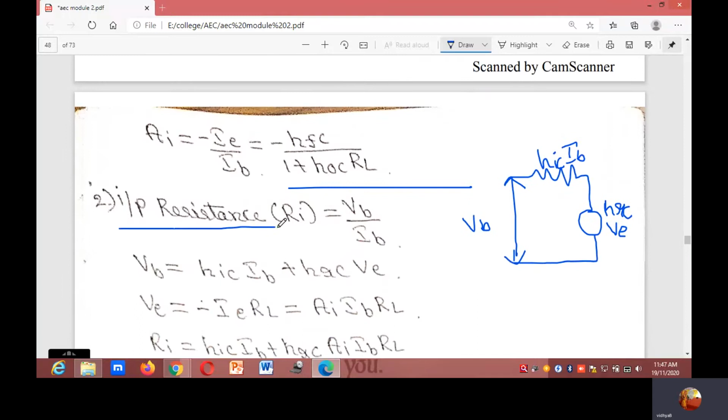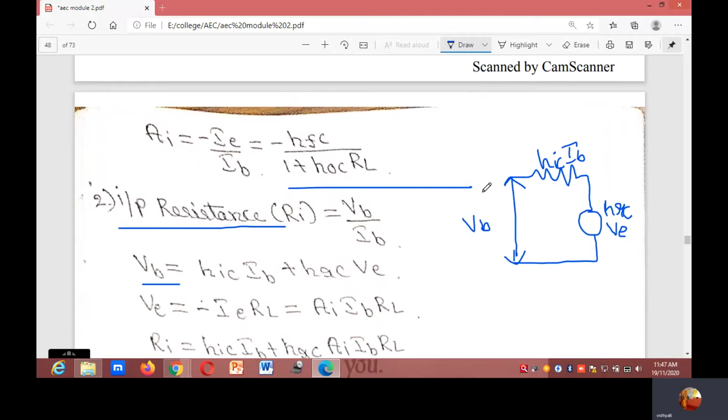Next, input resistance. Input resistance is equal to VB divided by IB. Usually for resistance we write voltage divided by current. In this case we are considering the input, so the input side is the base: base voltage divided by base current.